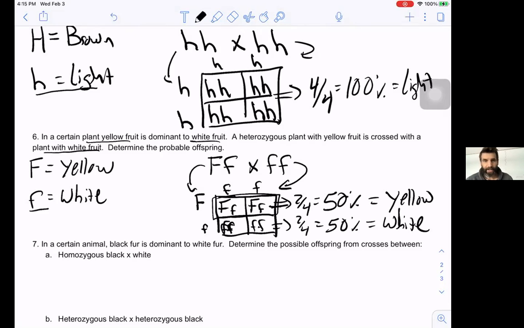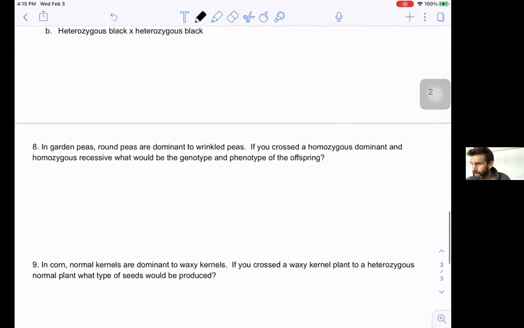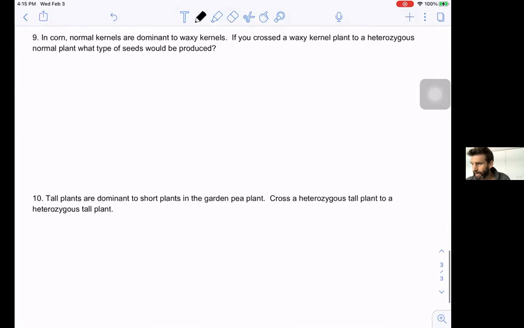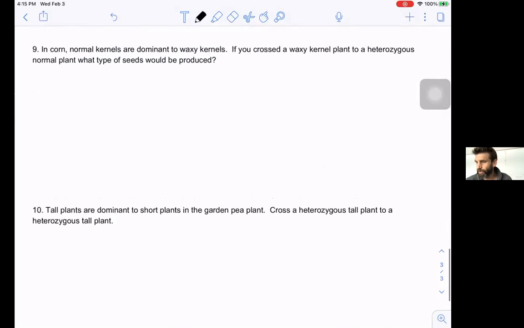All right. So I'm going to, I don't know, maybe I should keep going on, huh? Let's go down, we'll drop down to 10 here. Tall plants are dominant to short plants.